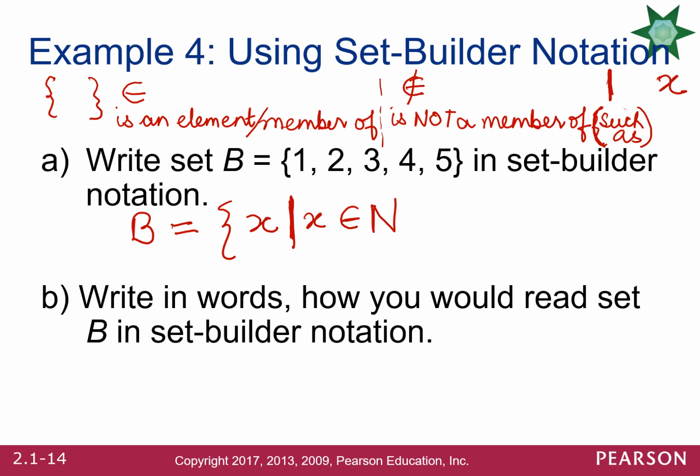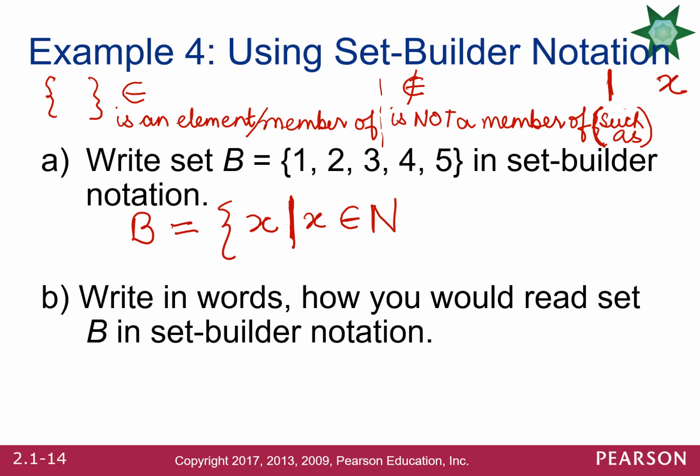We learned that previously. But it's not just the set of all natural numbers. If you leave it like that, then it would mean that this set contains elements which are all natural numbers. That's not the case. The elements stop at 5, correct? So we have to go on with this to describe that.